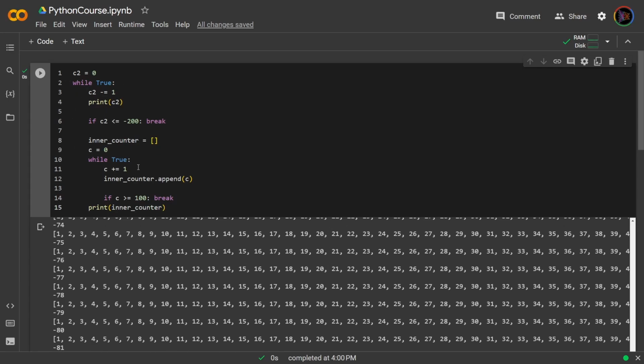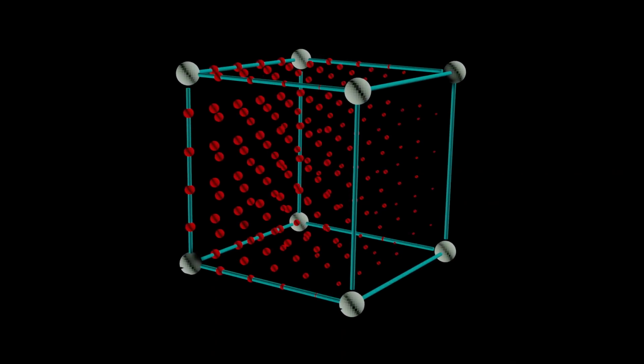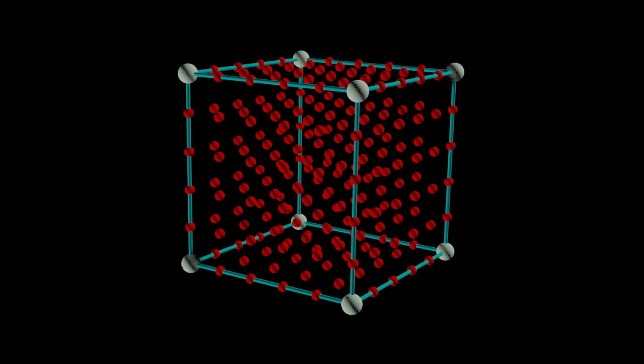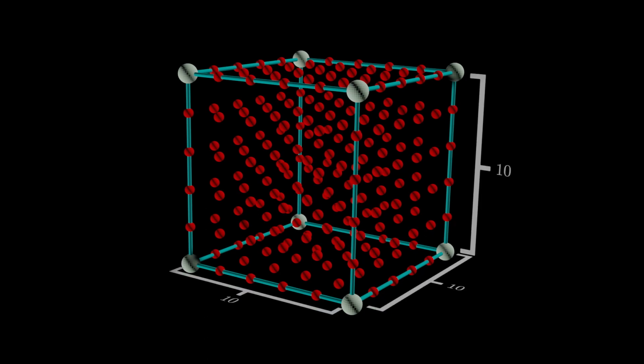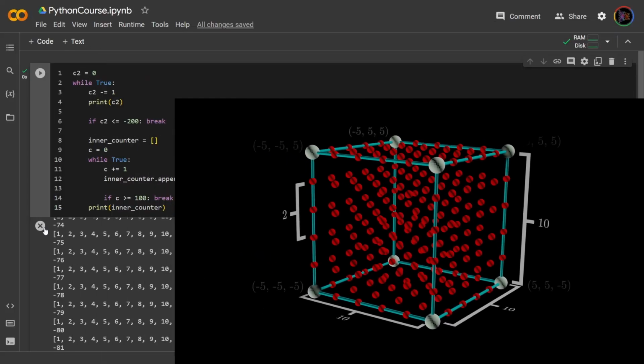Now in this example, we nested while loops. Let's try nesting for loops. So let's try generating 3D coordinates bounded by a solid cube such that the side length of the cube is 10. All the points are spaced a distance of 2 apart, and the cube is centered at the origin. So for example, let me take this out.